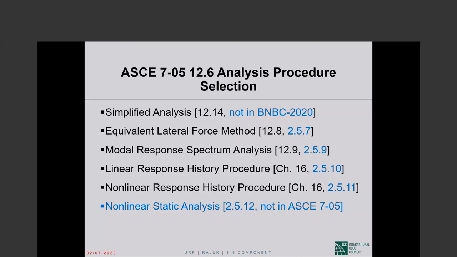The difference between elastic and nonlinear response history analysis, linear and nonlinear, is that in the first case of linear response history analysis, we assume that the structural members remain elastic throughout its seismic response.